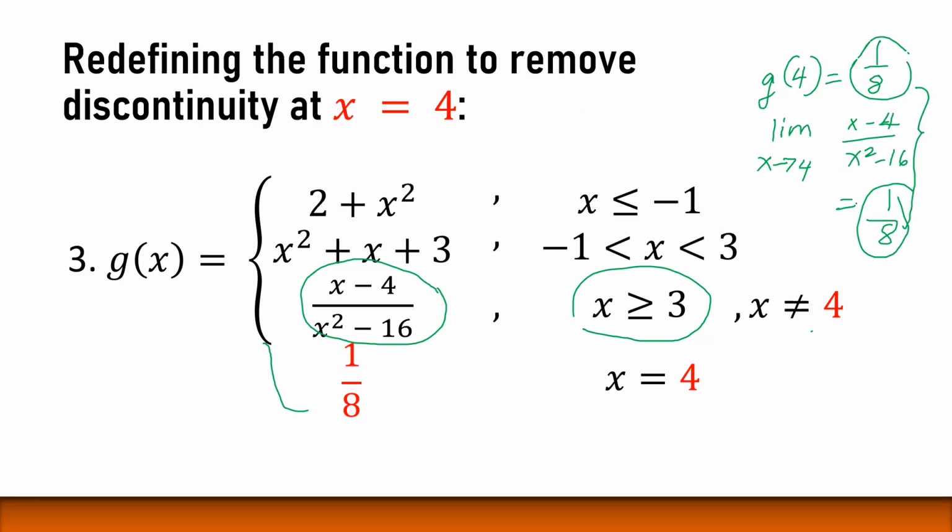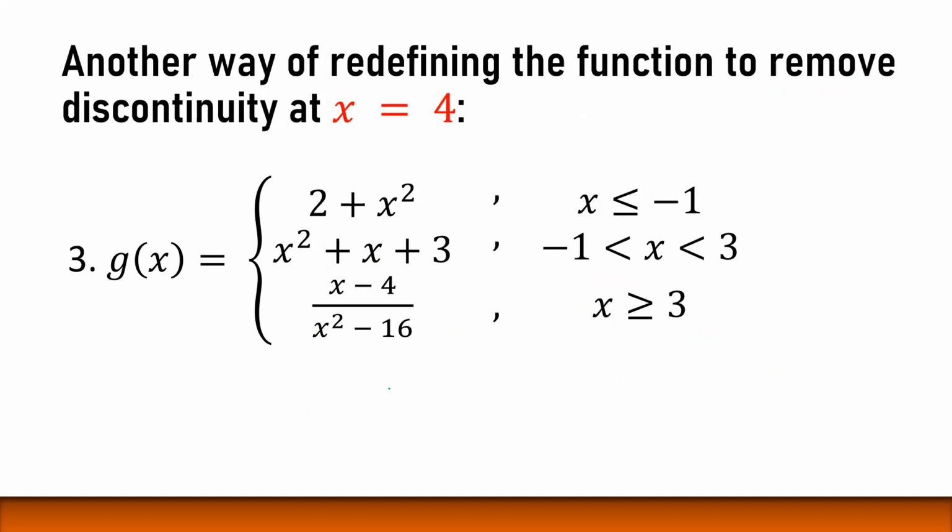Continuous na siya. Okay? Another way of doing this redefinition, aside from this, in-exclude natin, tapos nilagyan ng special treatment, nilagay yung limit value. This is the limit value, no? Another way of doing this is using the factored version. Remember, di ba, nung nag-cancel out si x minus 4, sino yung natira? Si 1 over x plus 4. And that applies kahit yung kay 3, no? 1 over 3 plus 4, that will still be 1 over 7.